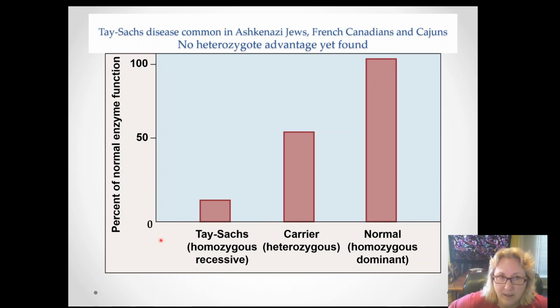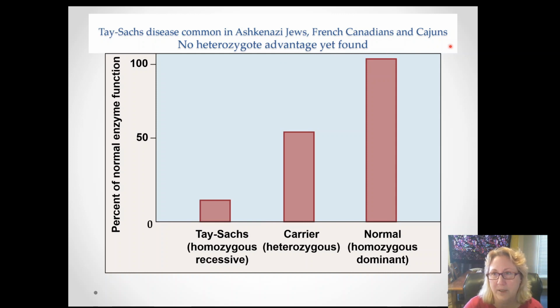Another weirdly common recessive genetic disorder is Tay-Sachs disease, which I mentioned in an earlier lecture as well. Tay-Sachs disease is also common in a few particular populations: Ashkenazi Jews, French Canadians, and because some French Canadians moved to Louisiana, the Cajuns in Louisiana.